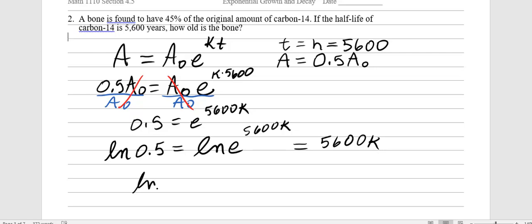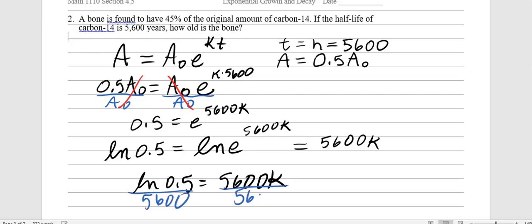So natural log of 0.5 is 5,600k. When I divide both sides of the equation by 5,600, I'm then able to solve for k. So I find out that k is the natural log of 0.5 over 5,600.